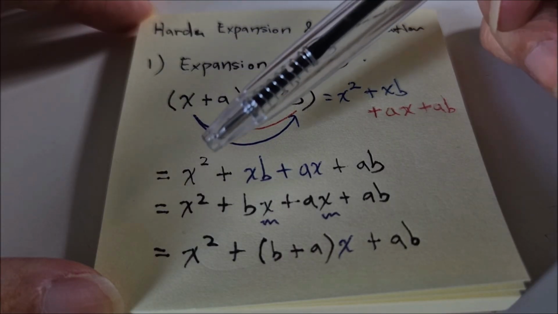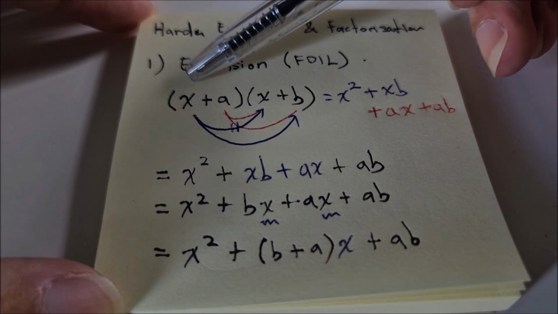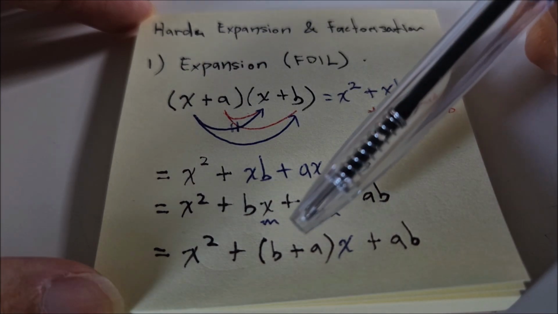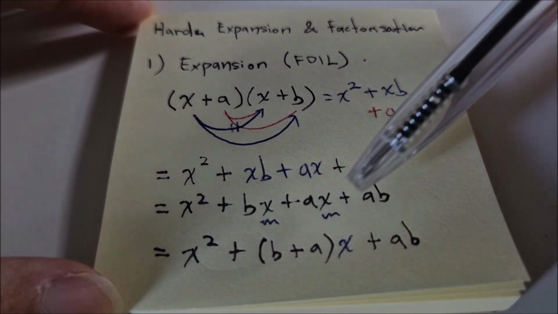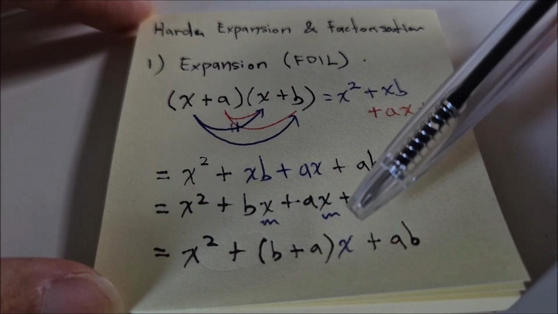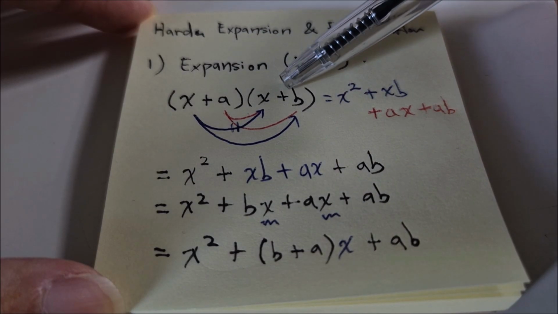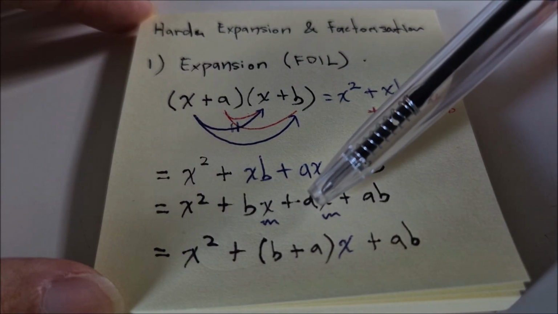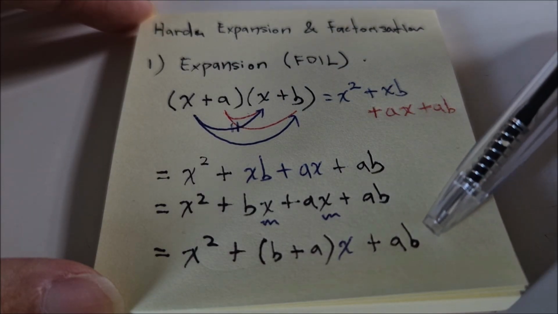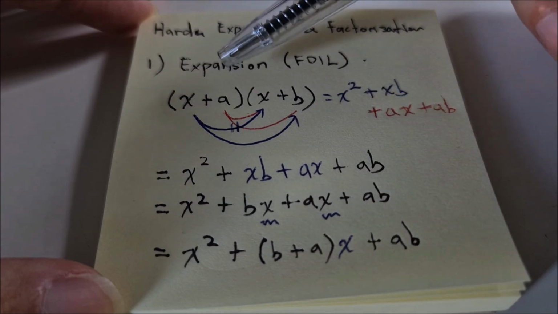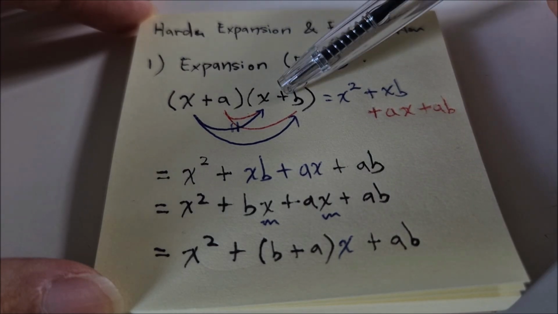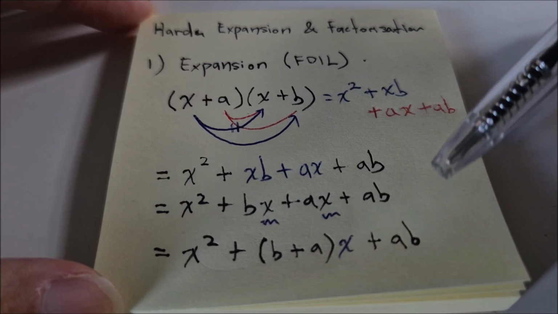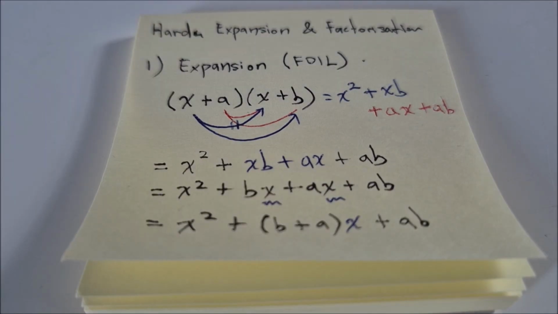We have x squared, which is this term here, and then the middle term with the x, we simply just add them together, b plus a, and then we have a third term here, which is just the second term in the brackets multiplied together. I hope that makes sense for expansion.